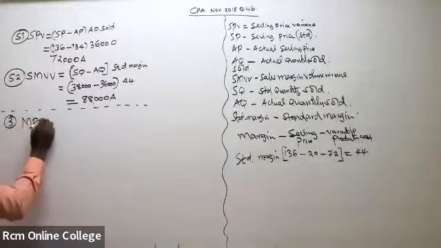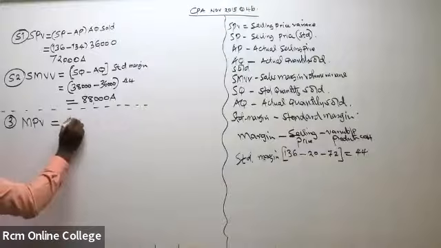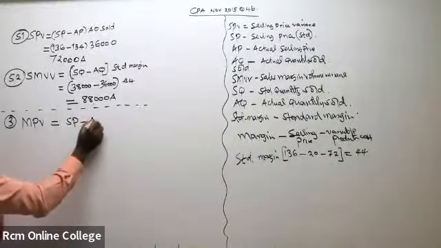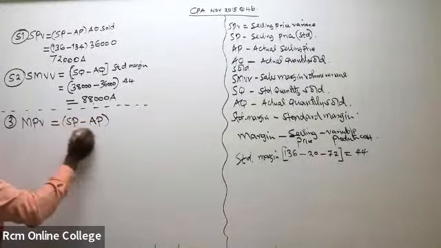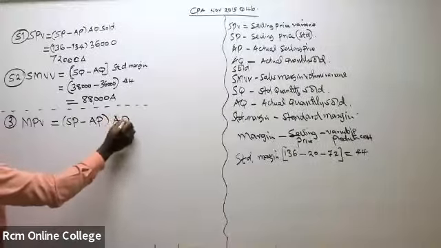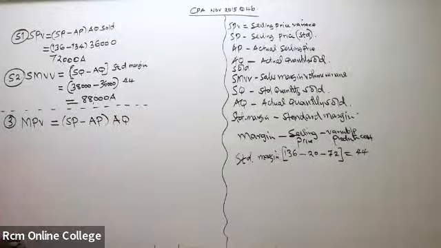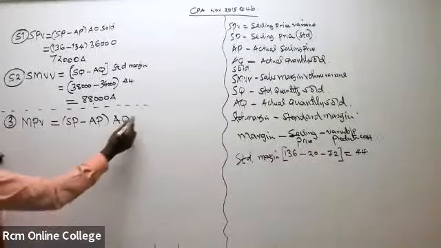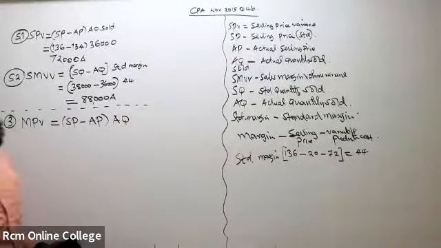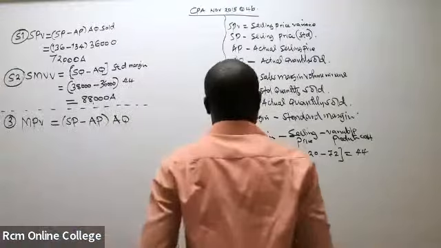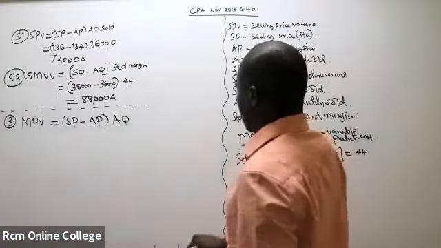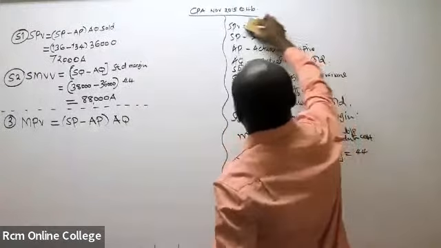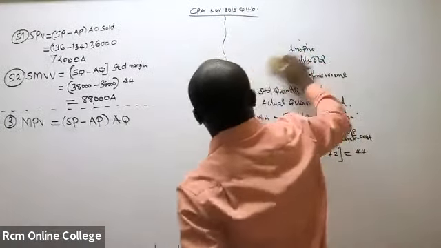Material price variance is equal to standard price minus actual price, then multiplied by actual quantity of raw material. Right? So let me just do away with that.